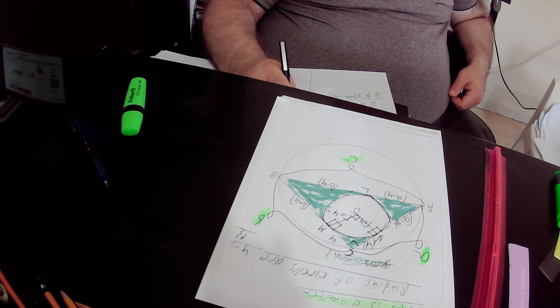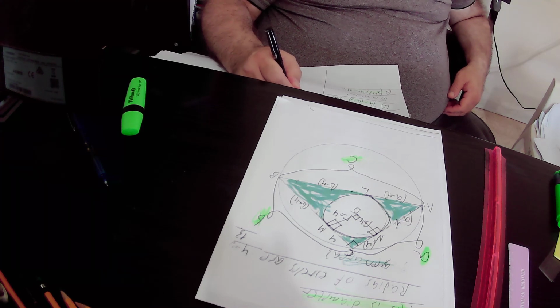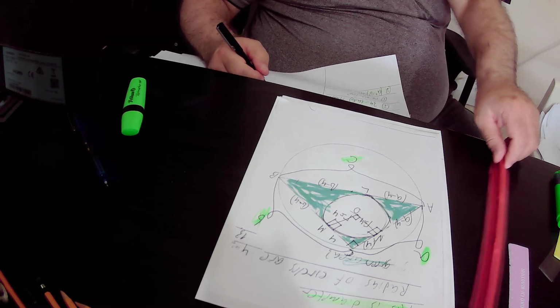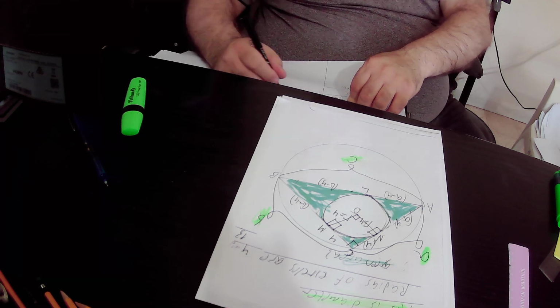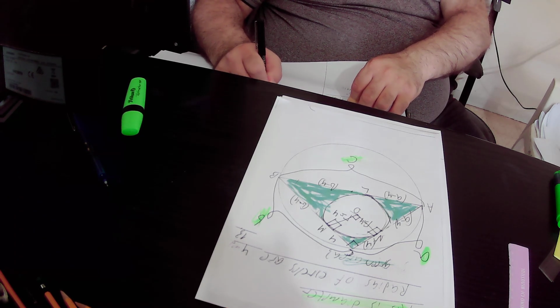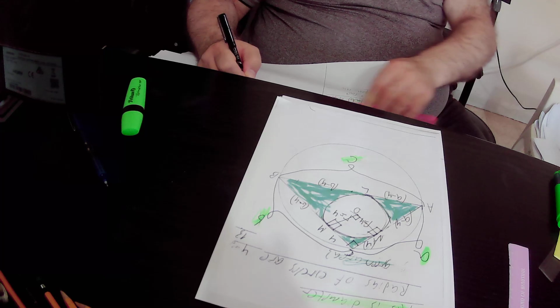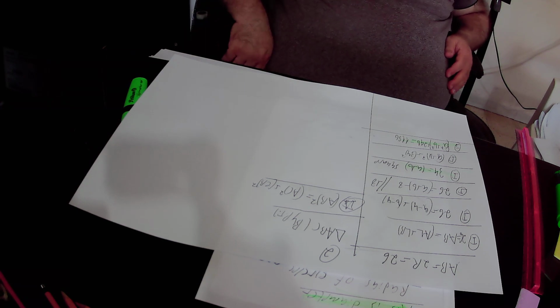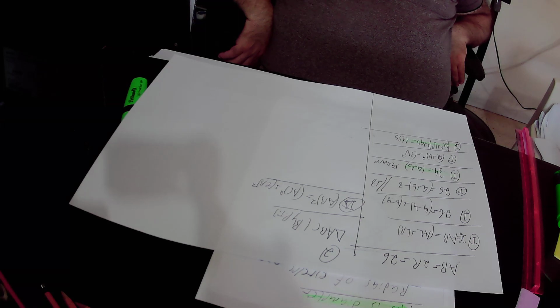The hypotenuse is AB, therefore the square of the hypotenuse is AB squared. That is equal to the sum of the squares of the perpendiculars, that is to say, AC squared plus CB squared. So I'll repeat again, in the right triangle ABC, according to the Pythagoras theorem, AB squared equals AC squared plus CB squared.